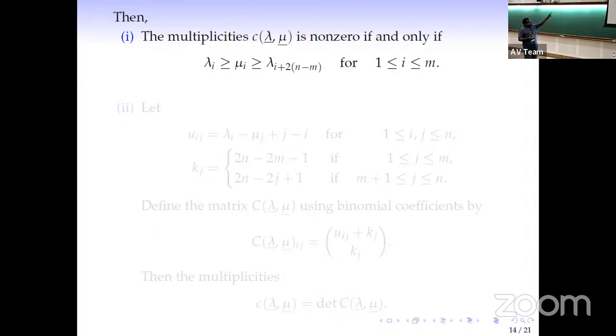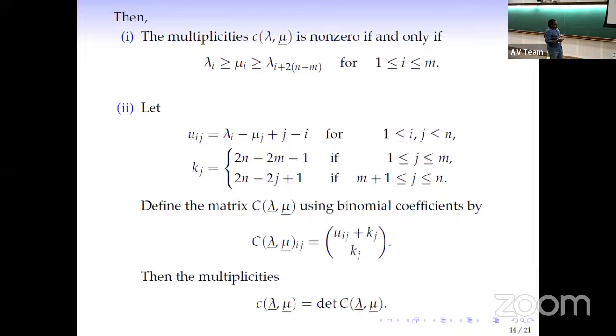But this next combinatorial formula may not be easy to guess or get. This is the big formula. It says that this multiplicity comes as a determinant of a matrix whose ijth entry is given by this formula, u_ij plus k_j.